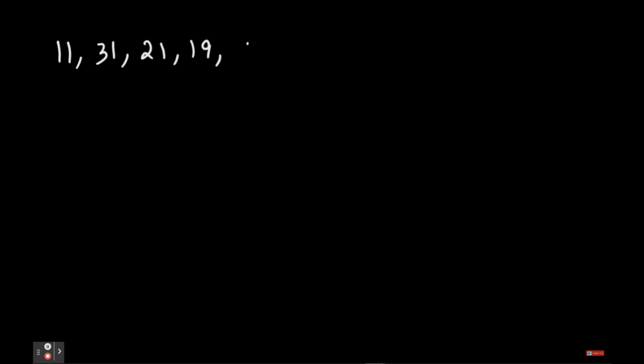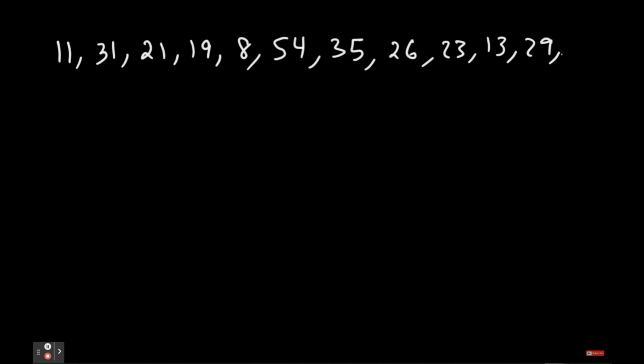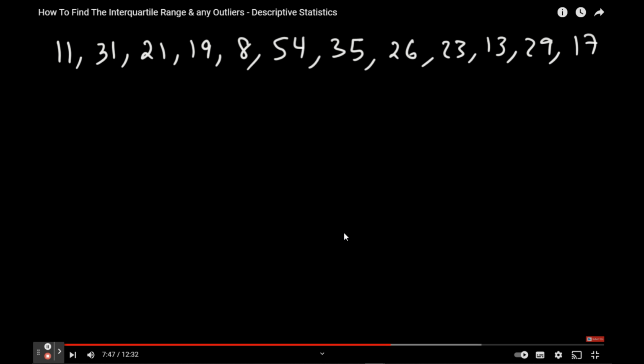Let's try another example. Let's say we have the numbers 11, 31, 21, 19, 8, 54, 35, 26, 23, 13, 29, and 17. Go ahead and pause the video and try this example for yourself.